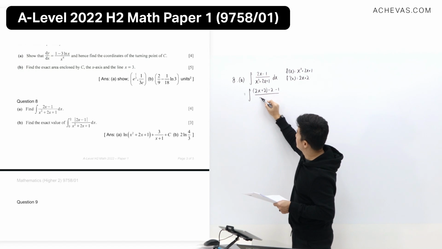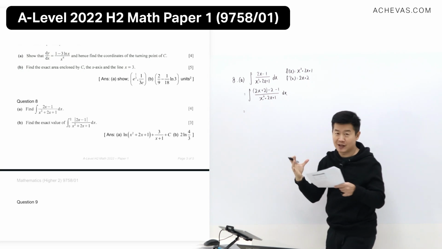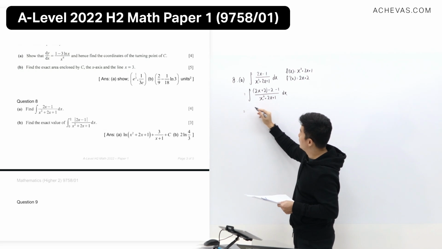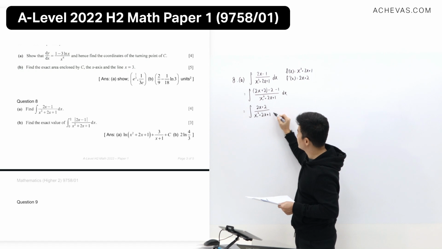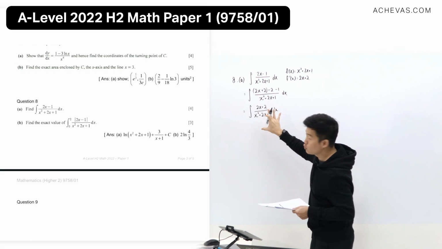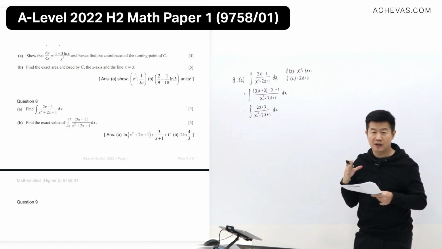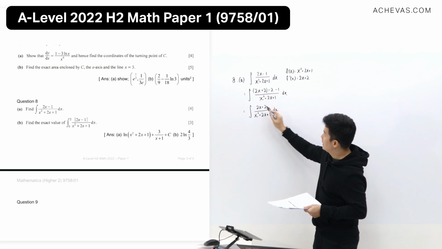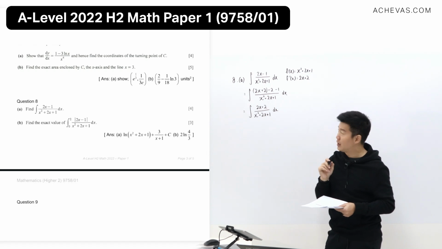So this divided by x squared plus 2x plus 1, which I can then break up into two different expressions. One will be this 2x plus 2 over x squared plus 2x plus 1. And this is a good expression for us to be working on as an integration question, because this is f(x) and now this is f prime x.